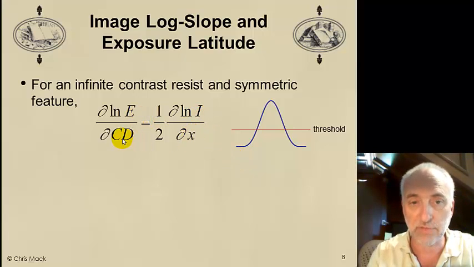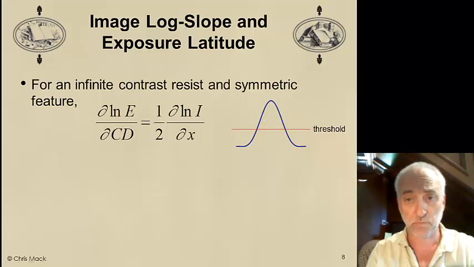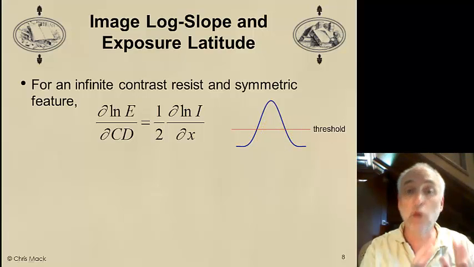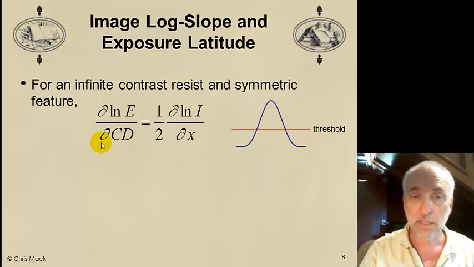How about dx versus dCD? Well, dx is how much one edge changes position. So I have a dose error, the edge moves. But if I have a symmetric image, same left and right, then that error will cause both edges to move in opposite directions, so that the change in CD is going to be twice the change in one edge.